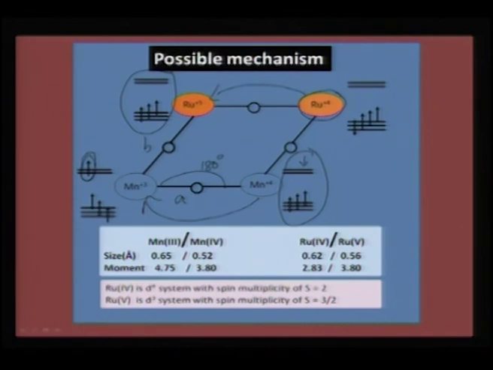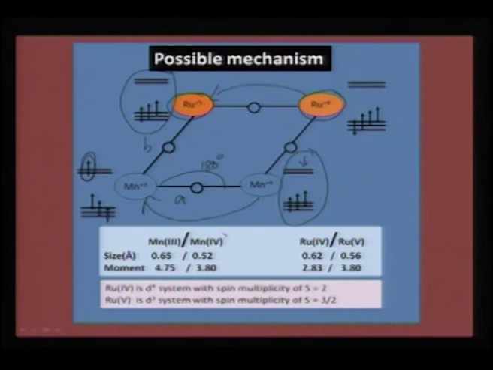It can go from here to manganese 4 plus, or it can go from here to ruthenium 5 plus, because as far as the T2G Eg occupation, it remains the same for both. As a result, even if you substitute ruthenium to the order of 50%, you still see a ferromagnetic ordering because of the isoelectronic configuration.